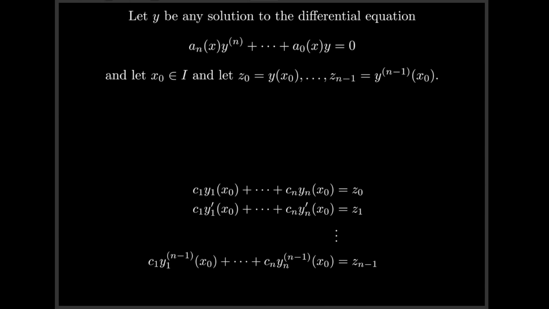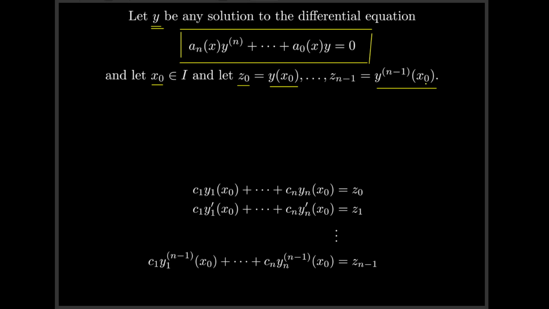So in order to prove that, we need to suppose that y is any solution to a homogeneous linear differential equation, which is what we're doing here. And we then take any point, x0, in our interval, and we let z0 be equal to y of x0 and zn minus 1 equal to y to the n minus 1 of x0.